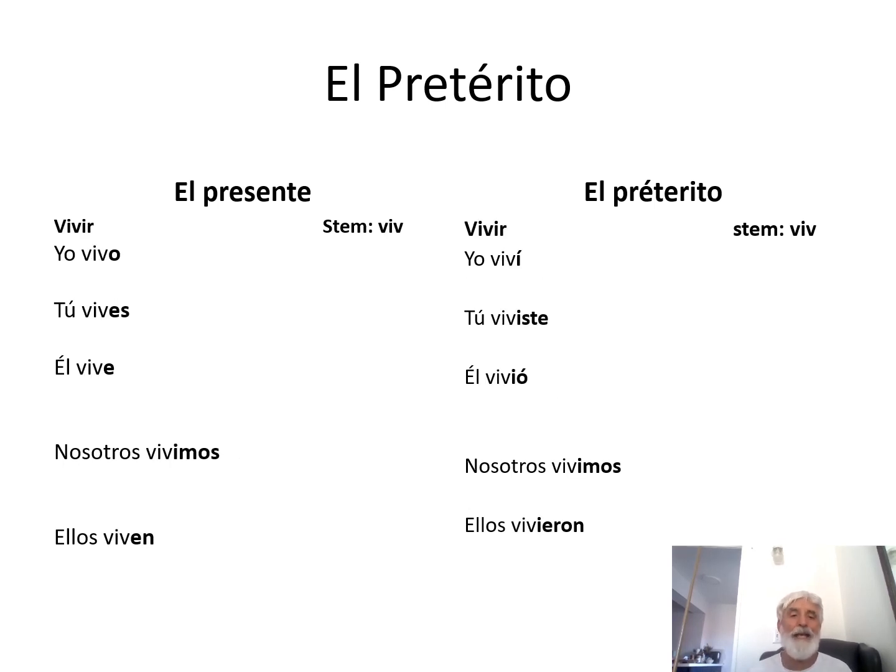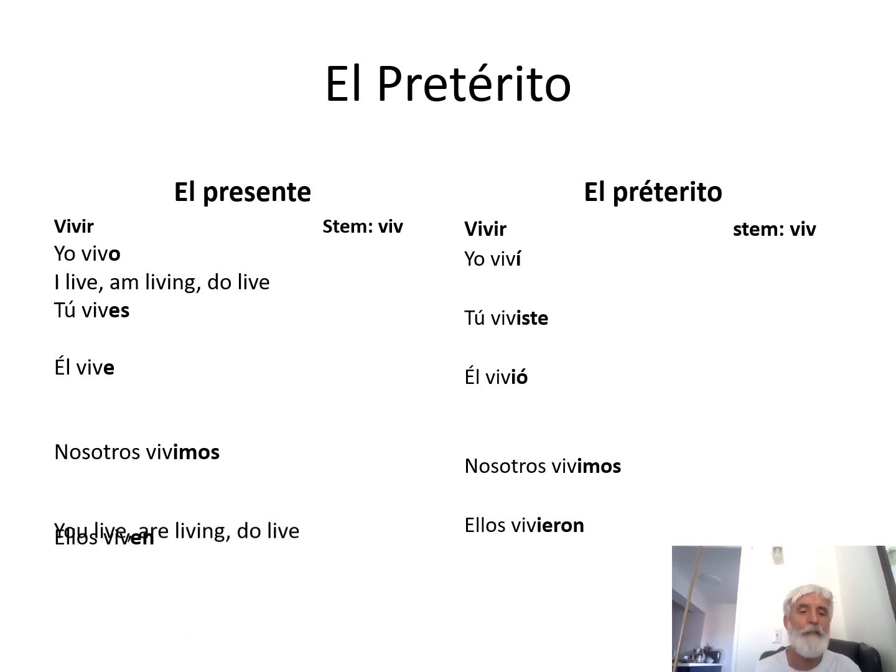And finally, let's look at an IR verb. Again, first let's look at the present tense conjugation. This is just pure review. I get the stem of the verb vivir, to live, viv, and I put on my universal God-given endings. What determines the ending? The subject pronoun. We already know how to conjugate verbs in the present tense, but let's just do a quick review. Yo vivo, I live or am living.